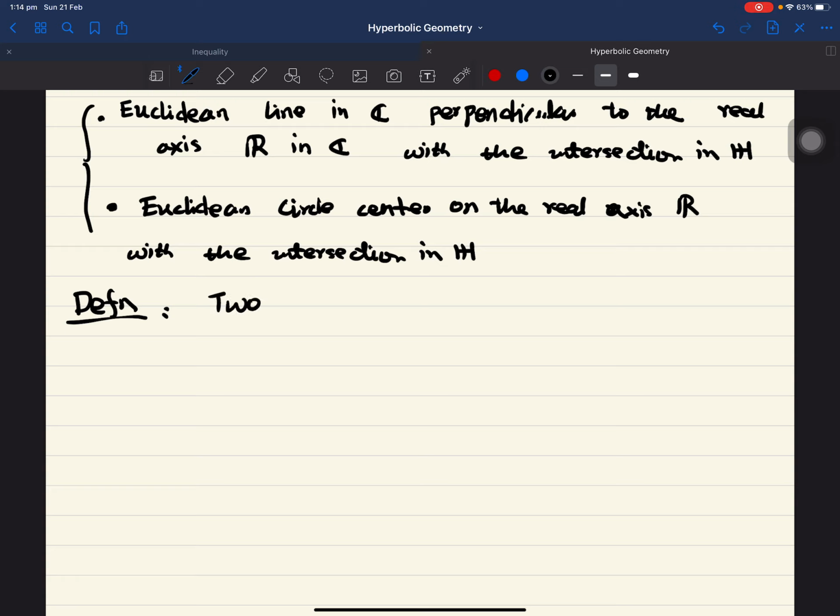Next we begin with the definition. Two hyperbolic lines L1 and L2 are parallel if they do not intersect each other.